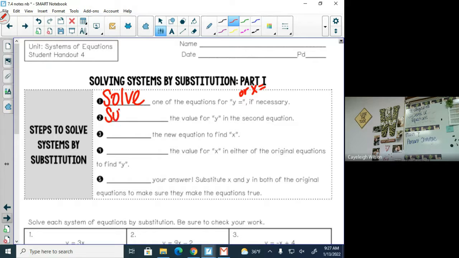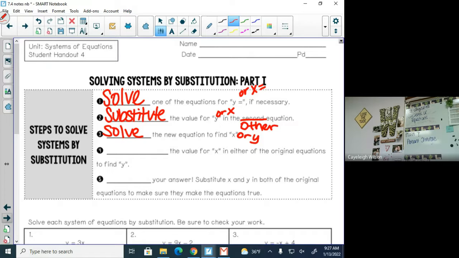Okay? After one of your equations is y equals or x equals, you're going to take that and you're going to substitute it. So that means you're going to take it and put it into the other spot for y or x in the other equation. I don't like how they use second equation, so we're going to say other equation. After you substitute it in, you're going to then solve that equation just like we did on the other slide.